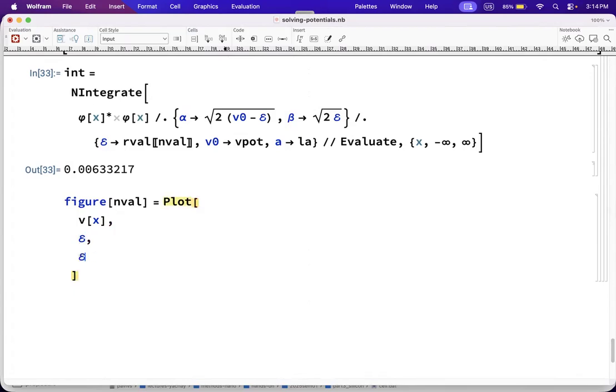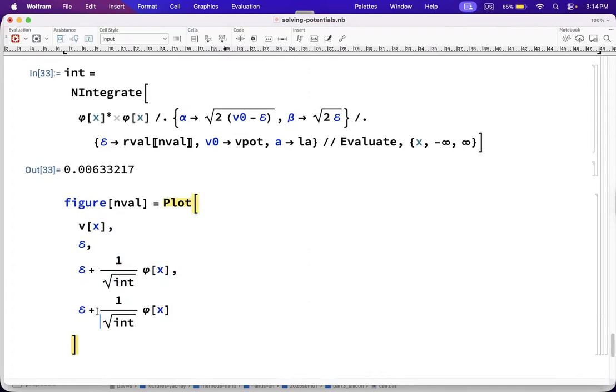So I shift everything by the value of the energy plus 1 over rho squared of int. Remember, this is the normalization factor that I mentioned, times value of x, see, comma, and this again here, right? This square. Why square directly? Because the wave function is real, so no problem. Square, right? Or if you like, you can put the square, this phi conjugate times phi. This is the same.